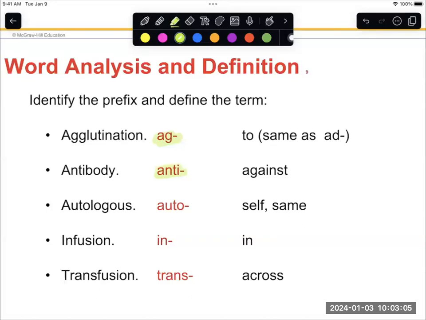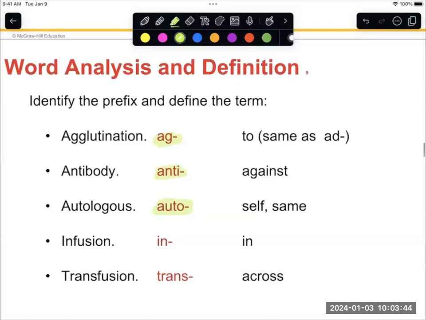So protein produced in response to an antigen. That cell surface marker, we produce an antibody that will be against it, will attack it. Autologous, our prefix auto means self in this case, or same. Blood transfusion with the same person as donor and recipient, a self-transfusion.